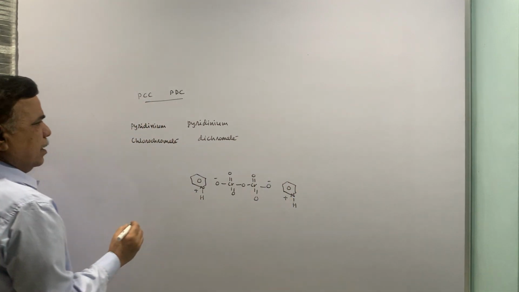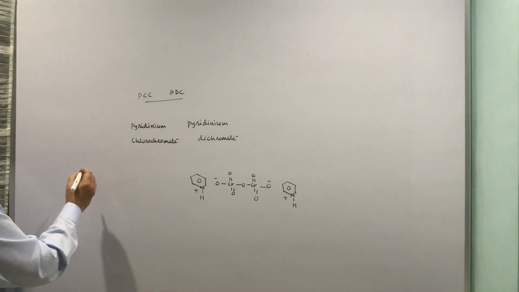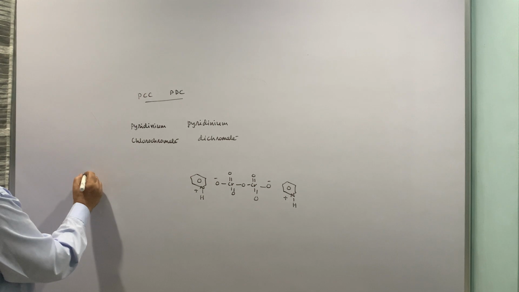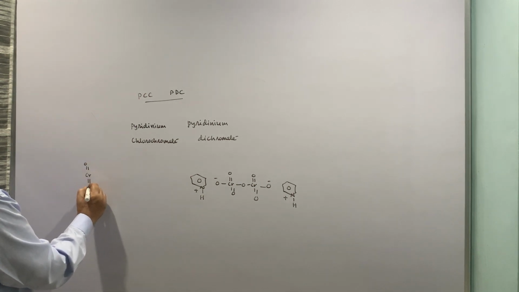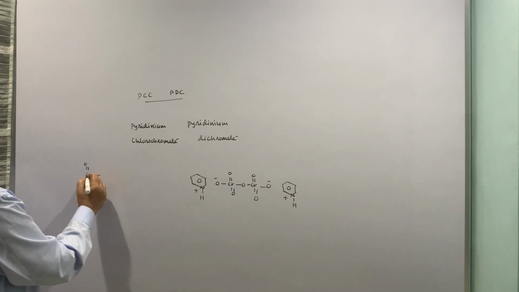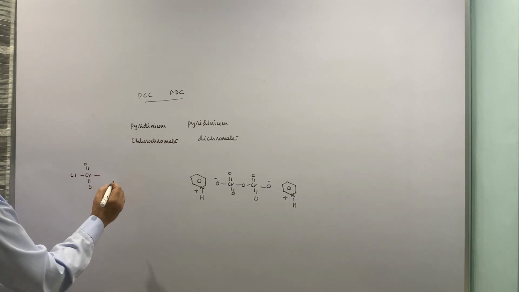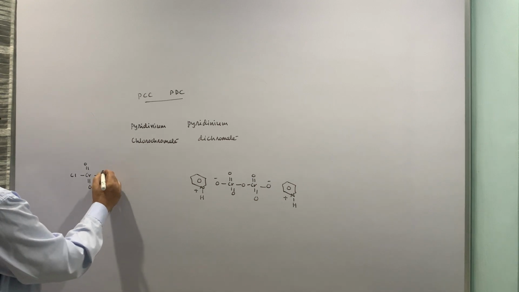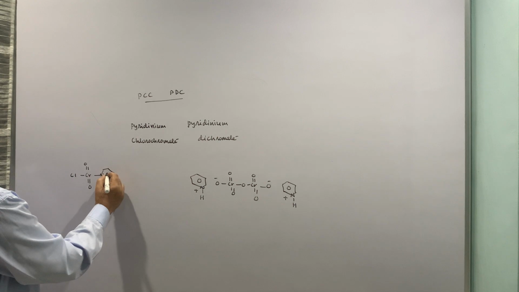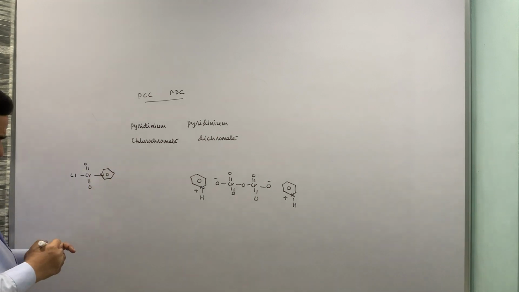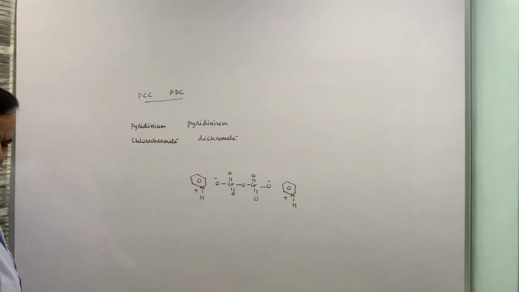This is PDC, pyridinium dichromate, and chlorochromate is pyridinium chlorochromate. Or let me draw the other structure, not this way.